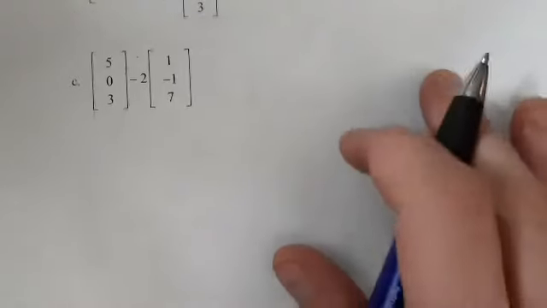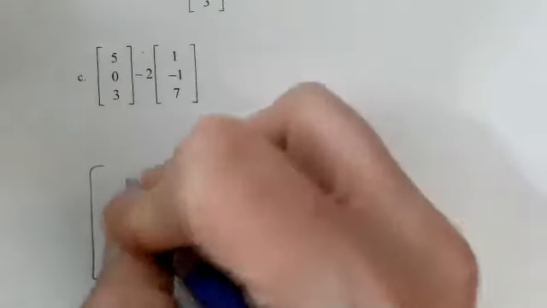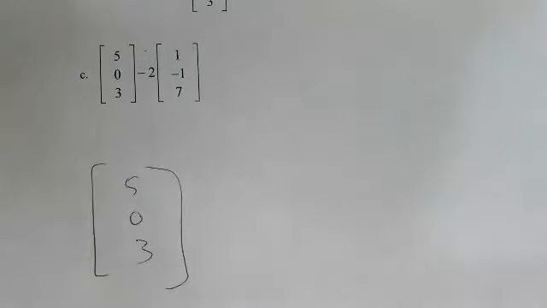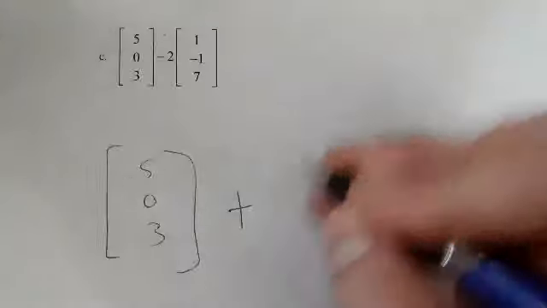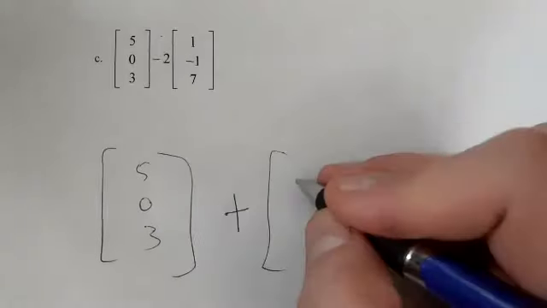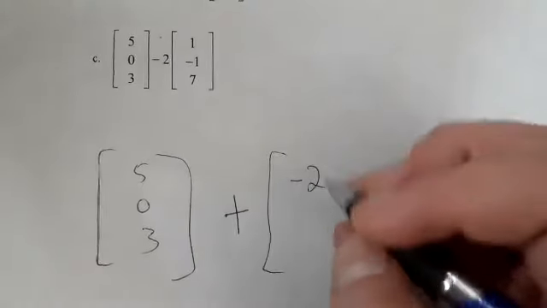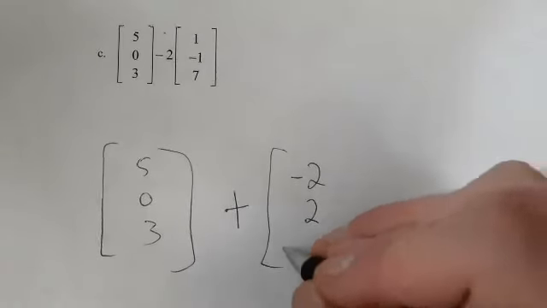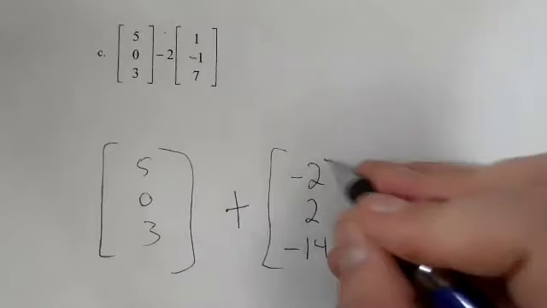This last one, can we do it? We can absolutely do it. So I'm going to do 5 0 3. If you want to distribute the 2, you have to keep the negative, but I'm going to distribute the negative and just make it a plus sign. So if we distribute the negative, -2 and 1 is a -2, -2 and -1 is a +2, -2 and 7 is a -14.